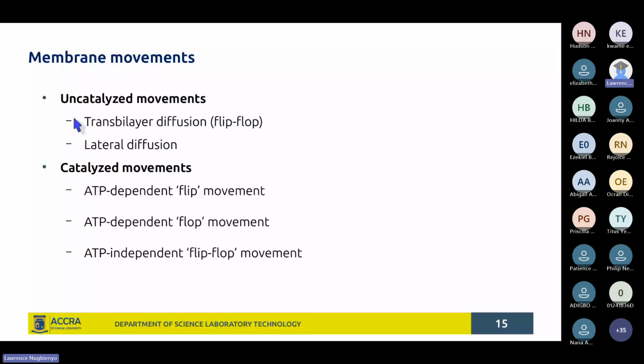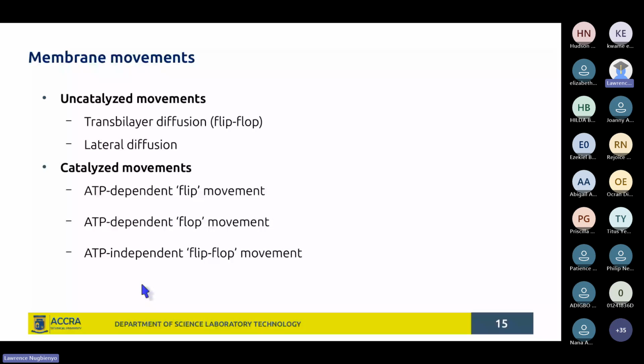Then you have the catalyzed movements. You also want to pay attention to the fact that you have two of these catalyzed movements that are ATP dependent, meaning there is expense of energy in the form of ATP. And you have one of them which is ATP independent.